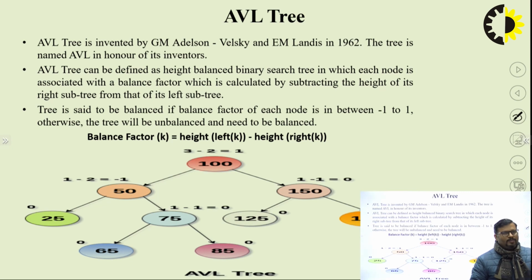Through the balance factor we will find out how much to rotate our AVL tree and under which conditions. A tree is said to be balanced if the balance factor of each node is between -1 and 1. Otherwise the tree will be unbalanced and needs to be balanced.